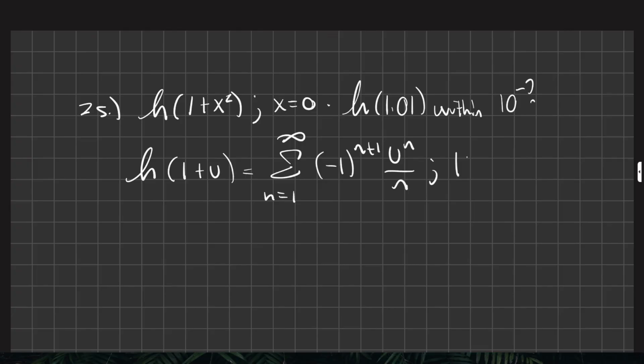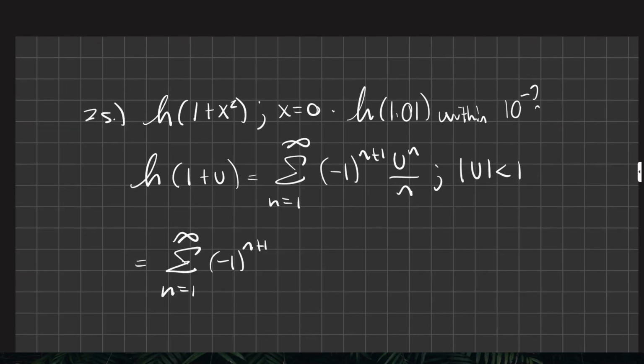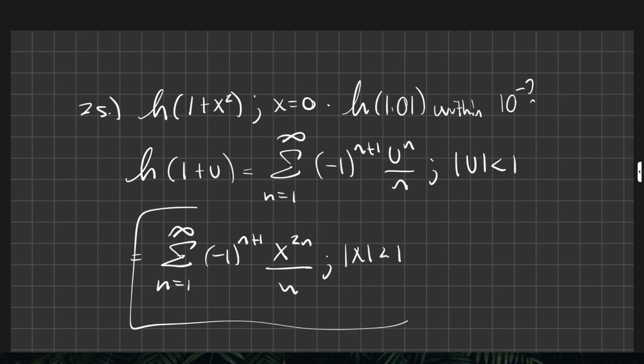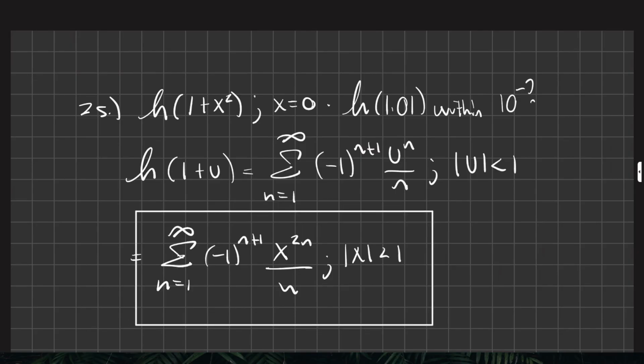And right, this converges for u less than 1. U is x squared, so this is really negative 1 to the n plus 1. Let's write this as just x to the 2n over n. So now it converges for x less than 1. Okay, this is our power series.